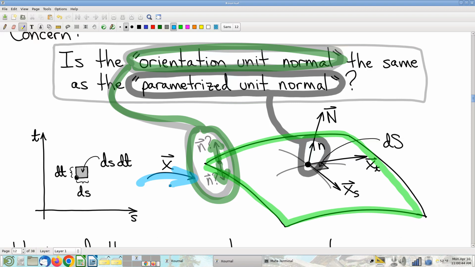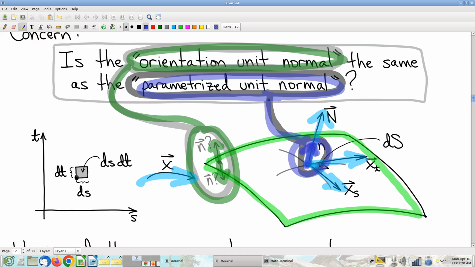But it does, because the X parameterization gives you all of these velocity vectors, which gives you your capital N vector, the normalization of which is your parameterized unit normal. This is the one I was complaining about Colley's use of the term standard, because again, it's not standard to the surface. It's a peculiarity of the parameterization itself.